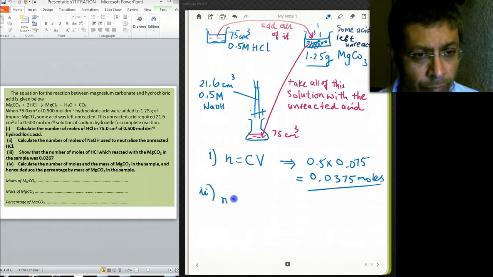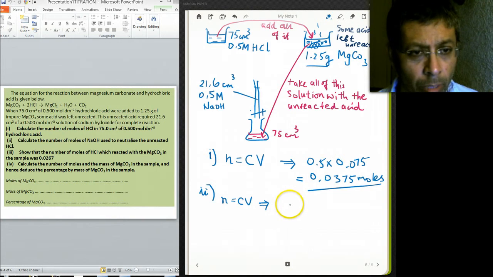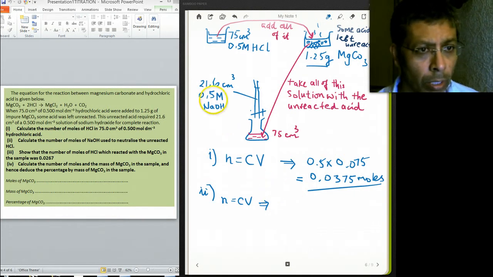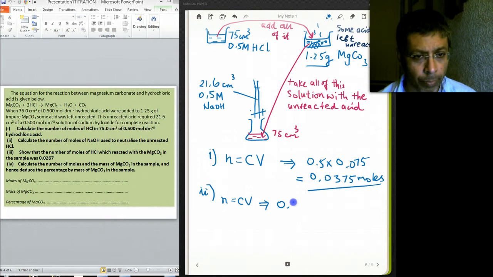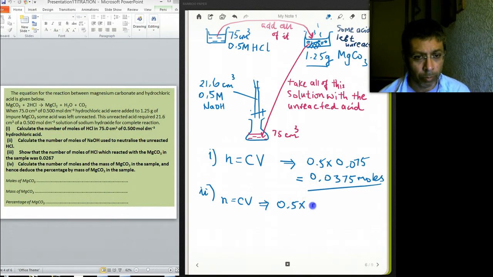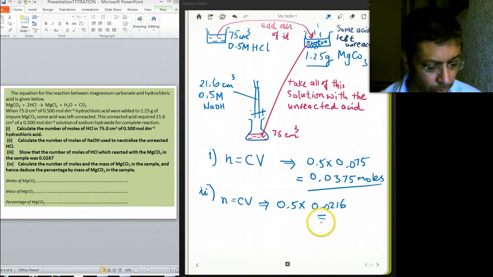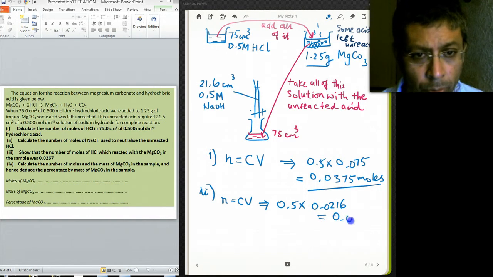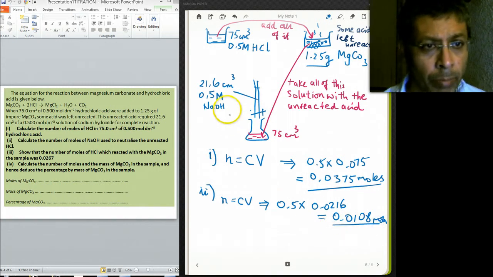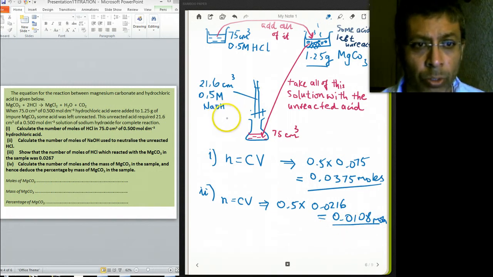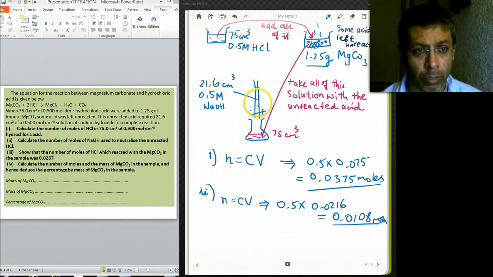Again, write down the formula: n equals concentration 0.5 times volume 0.0216, and that gives us 0.0108 moles. That's how many moles of sodium hydroxide were used in this titration.